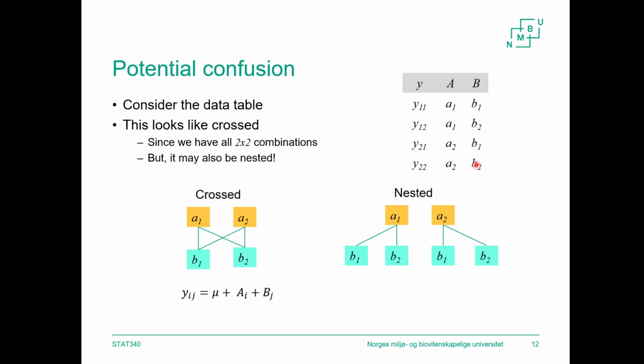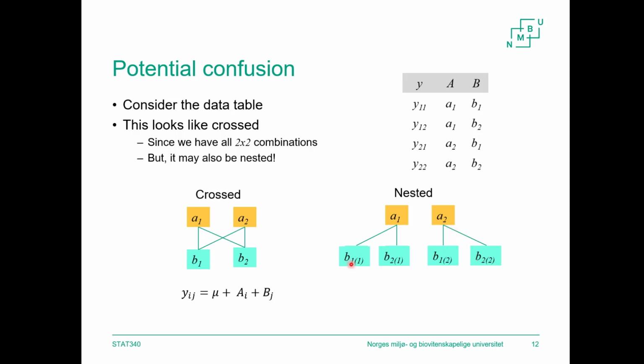And this is not always displayed in the data table. So actually we should write it like this. This is the proper way of writing it. This is B1 nested in A1. This is B2 nested in A1. This is B1 again nested in A2. And B2 nested in A2.